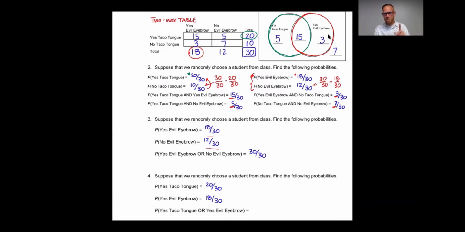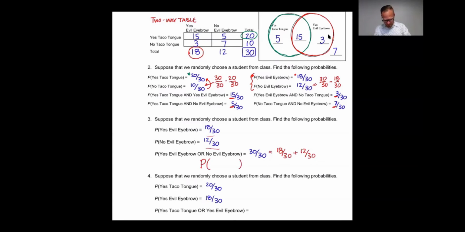And so mathematically, the way that we could calculate this is we could just take the probability of yes, evil eyebrow, and add to it the probability of no evil eyebrow to get the probability of yes, evil eyebrow, or no evil eyebrow. So if we were to try to generalize this to write a formula here, let's write this this way.